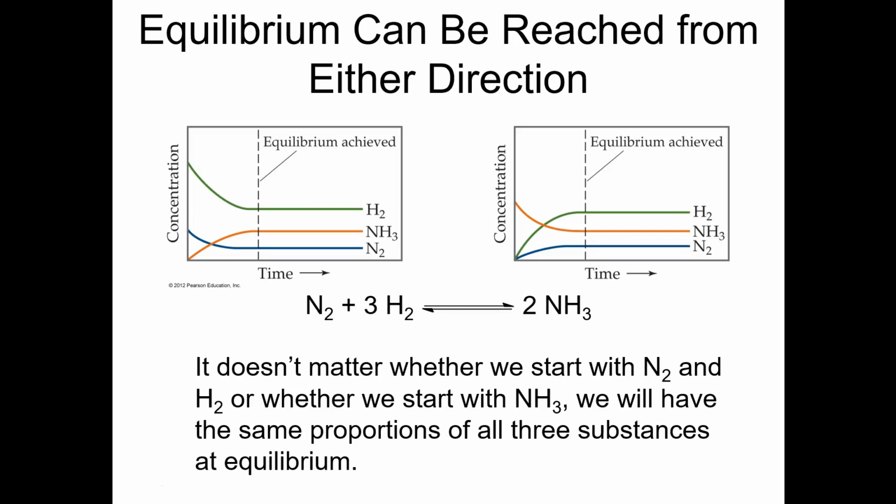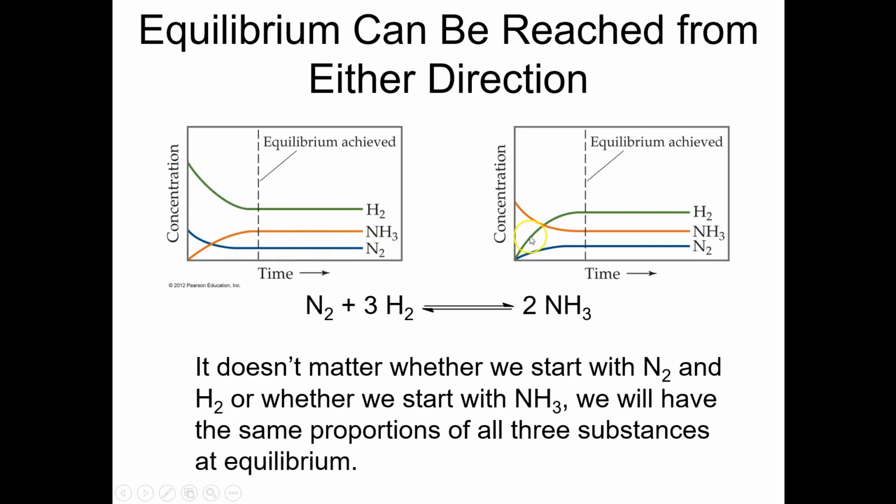Here's another example of it. This is that Haber process, again, in which we're combining nitrogen with hydrogen to make ammonia. You can start with only reactants, like this one does, in which you've got hydrogen and nitrogen present in the beginning and no ammonia, and it will reach equilibrium.